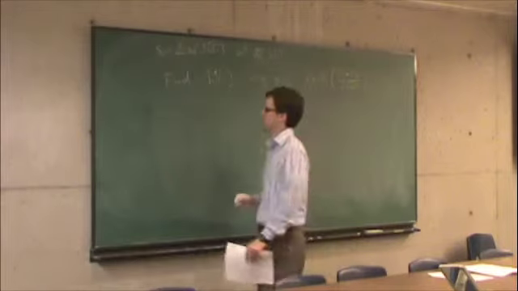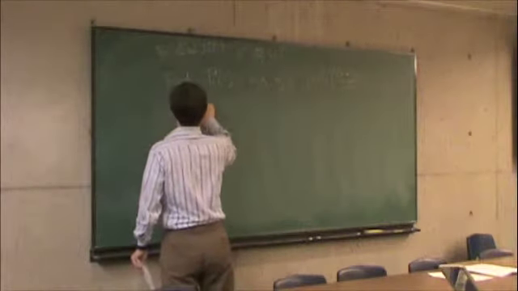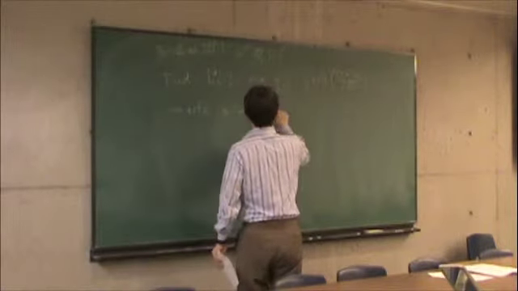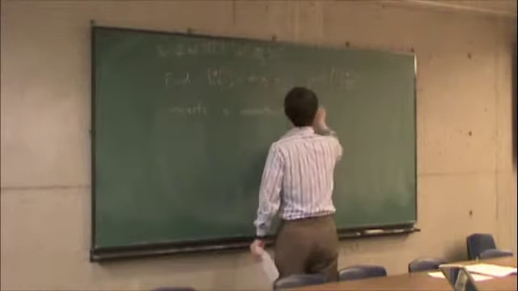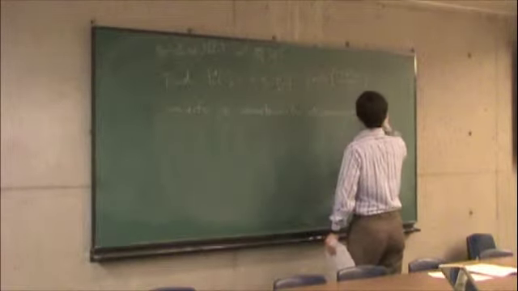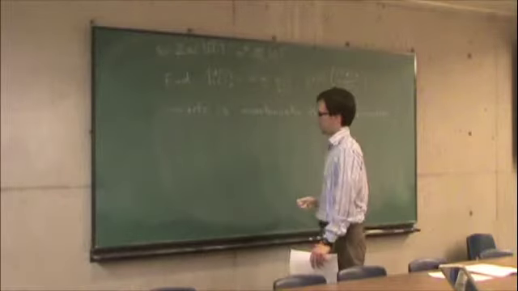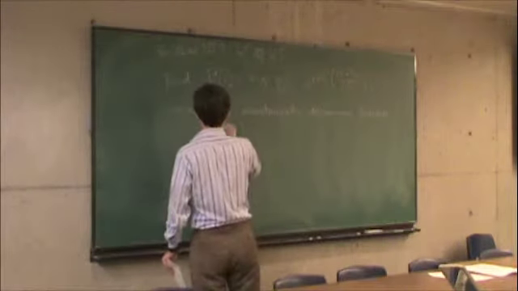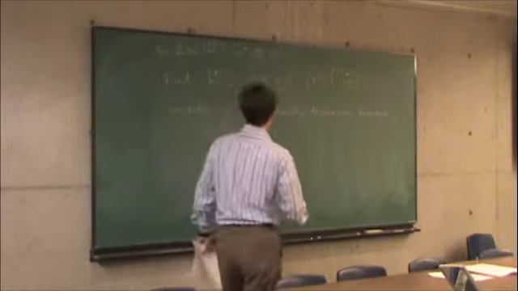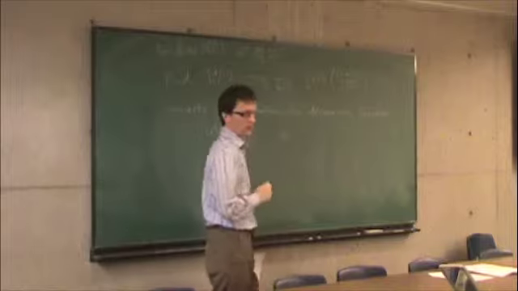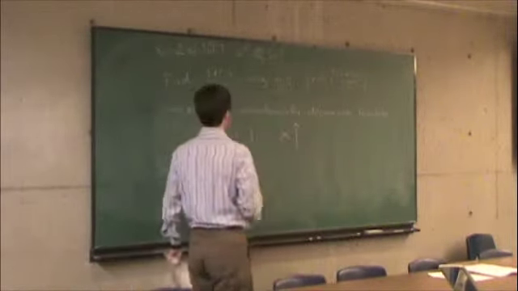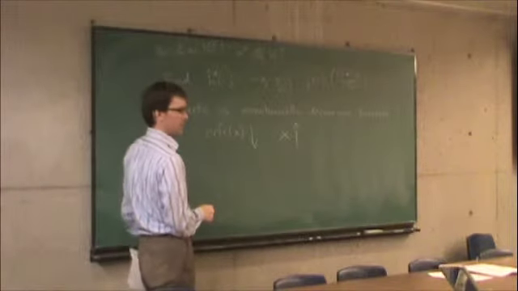I argued a second ago, IRF-C is a monotonically decreasing function. So that means if I want to make IRF-C of x small, what do I have to do with x? Basically, I have to make it enormous. So as x grows, IRF-C gets smaller.